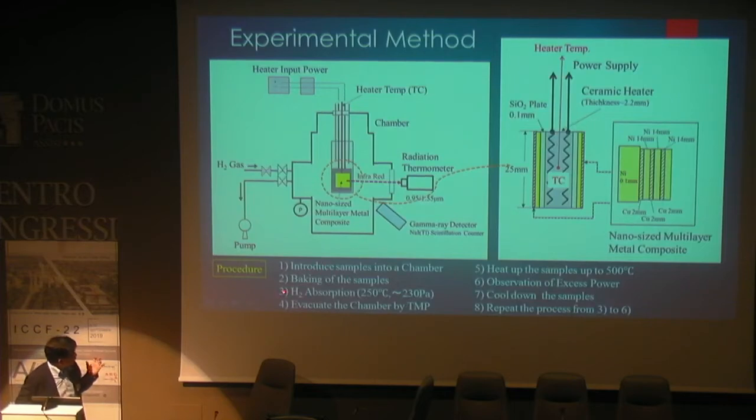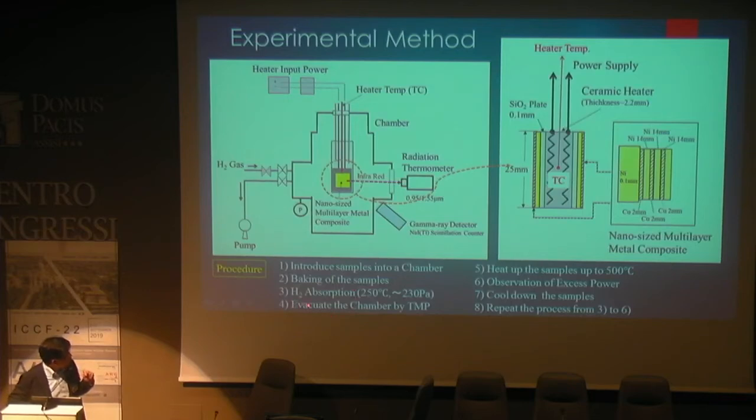And after that, we introduce hydrogen gas into the chamber. The temperature of the hydrogen gas introduction is about 250 degrees, and the pressure is 230 Pascal. And after about one night, hydrogen absorption ended.